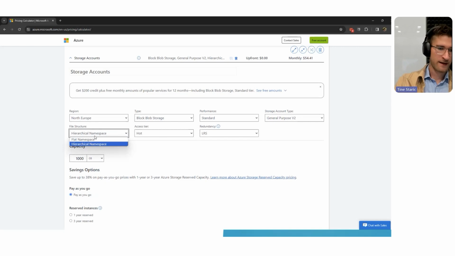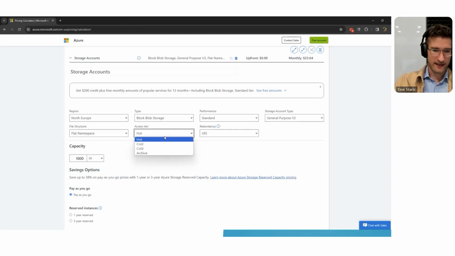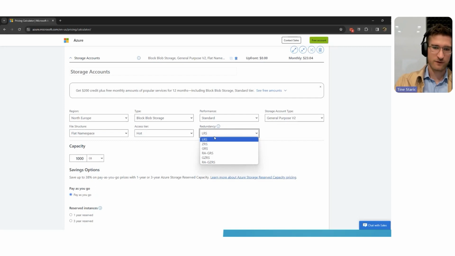File structure, we have two options. Hierarchical is more used in the data analytics, data science workloads. That's not us, so we're going to go with flat namespace. Access tiers, 4 different types, as we said. For our calculations, let's stick to hot. Redundancy, there's multiple options.